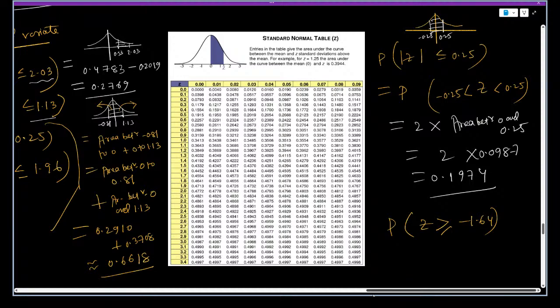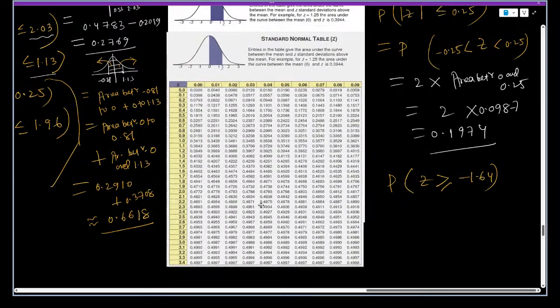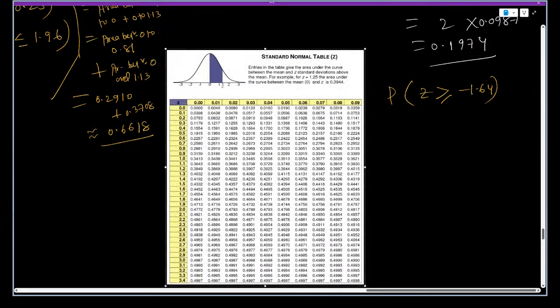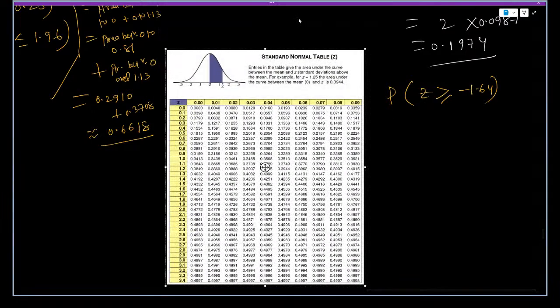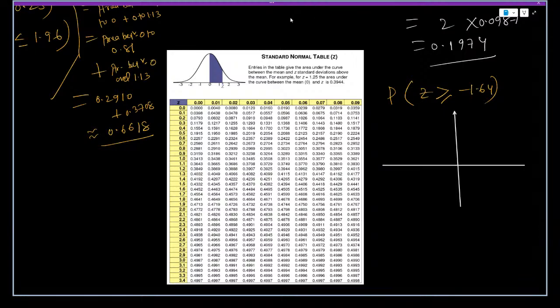It is to your advantage if you draw the diagram and write the value once you understand. So let us draw the curve. Again, the standard normal curve.